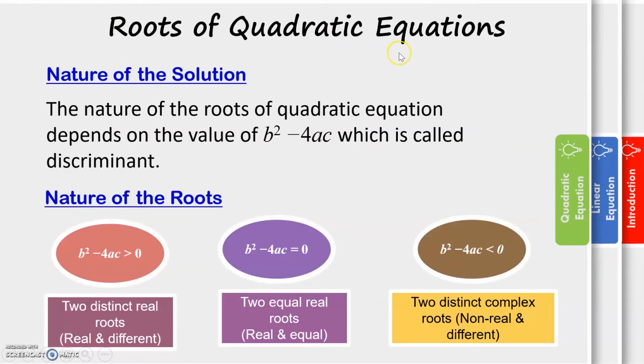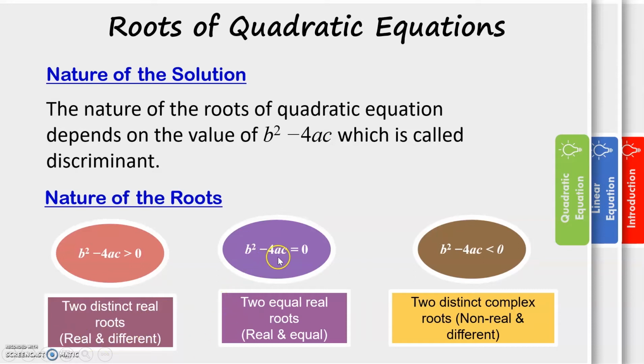The roots of a quadratic equation have their own nature. The nature of the roots depends on the value of b squared minus 4ac, which we also call the discriminant. If the discriminant is greater than 0, we have two distinct real roots, which are real and different.